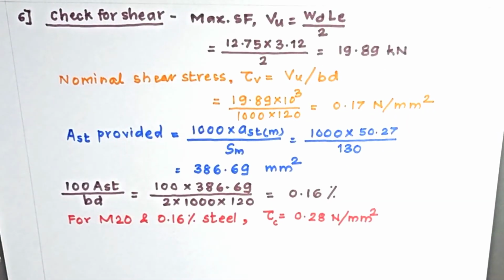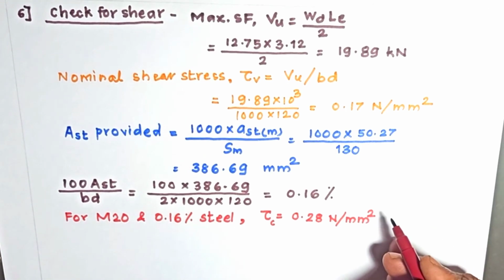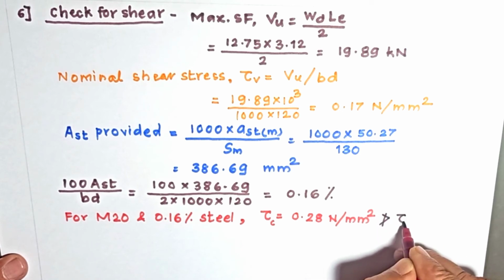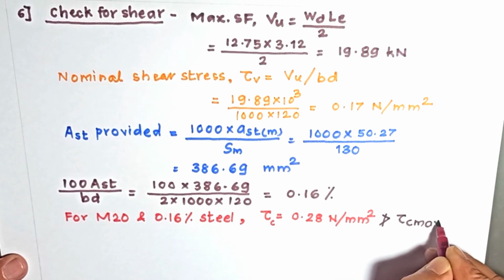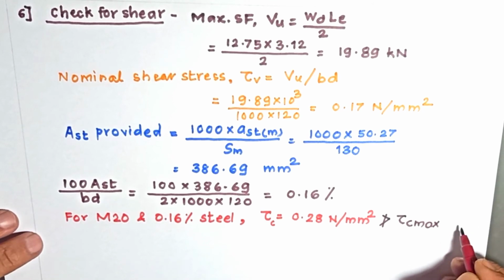Therefore, you can very easily see that this particular tau C is not greater than tau C max. If it is greater than tau C max, then you will have to revise the section. Therefore, this is definitely OK. Okay, tau C must be less than tau C max.